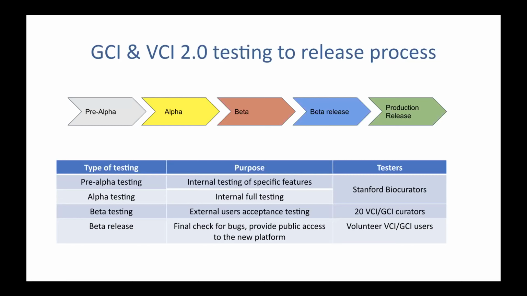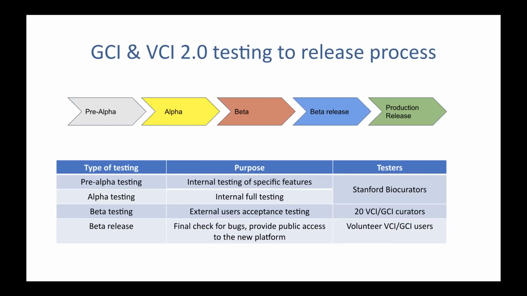And then as the software continued to develop and become the fully formed system that it currently is, Matt and I did alpha testing to ensure that we did an internal full testing of the software, identified all of the bugs that we could find, and provided that information to the developers so that they could develop and perfect the software.